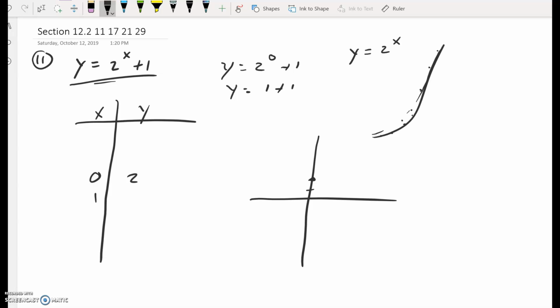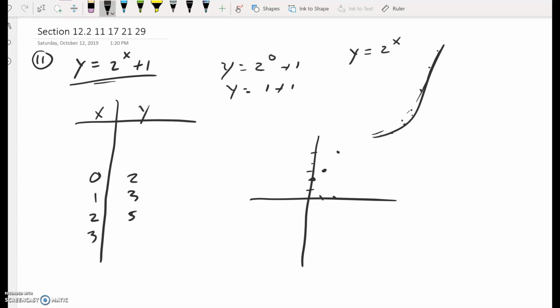Now if we put in a 1, we get 2 to the first plus 1, and that's 3. So when we put in 1, we're getting something that is 3 high. When we put in 2, 2 to the second plus 1 is 4 plus 1, and that's 5. And let's try 3.